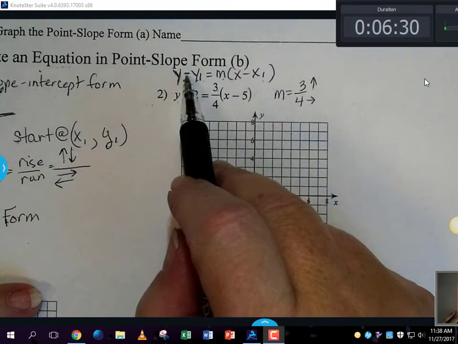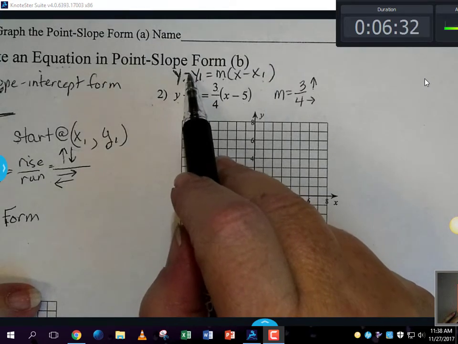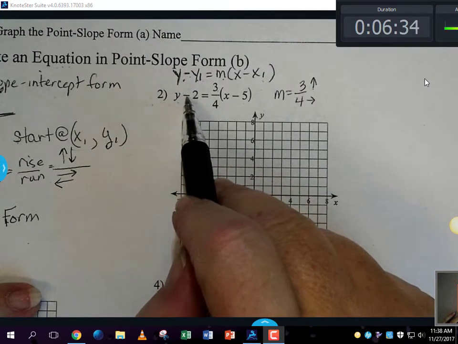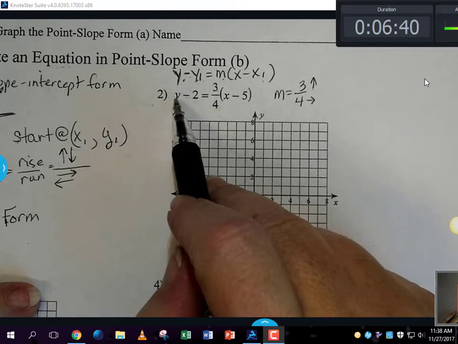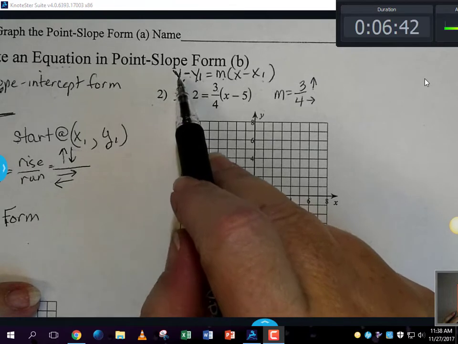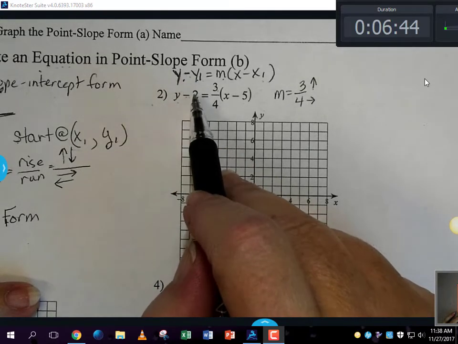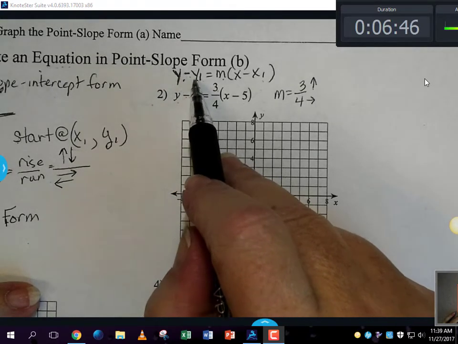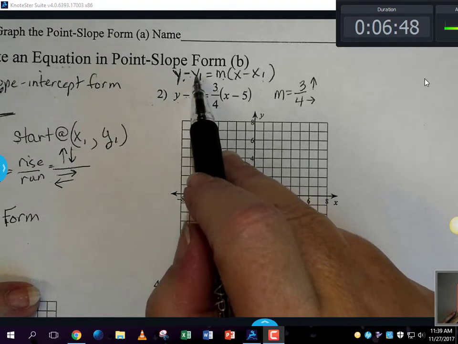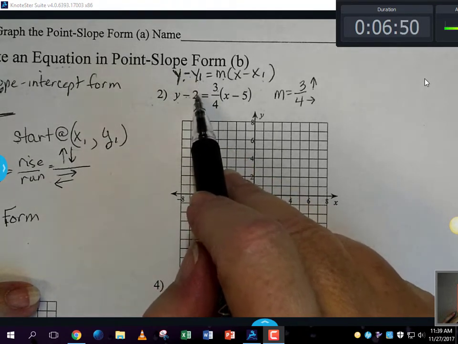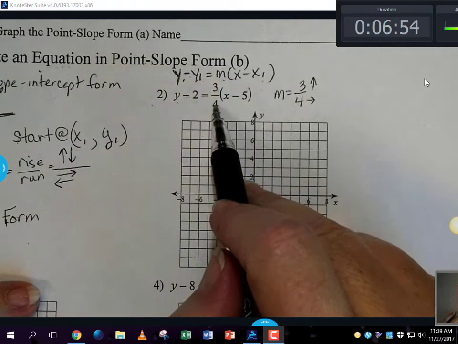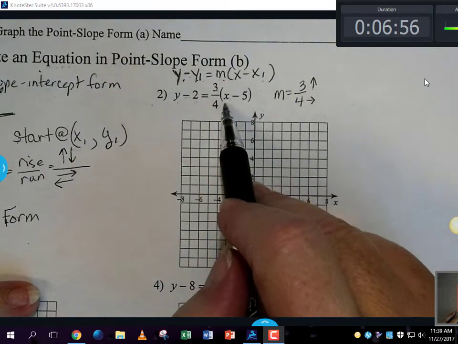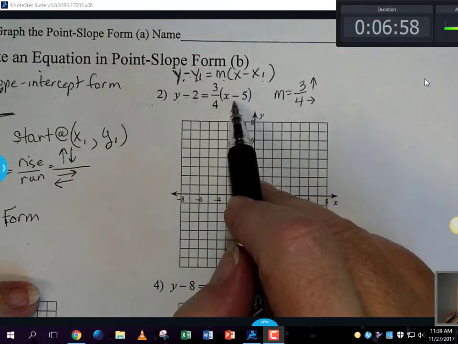Now notice that this minus is part of the template. So when you're down here and you see this, you ignore it. So I ignore this because that's part of the template. Y sub 1, not y sub 2, I said 2 because of that. Y sub 1 is 2. Over here, we've already worked with the m, so we can ignore that. You ignore the x, you ignore the negative sign.